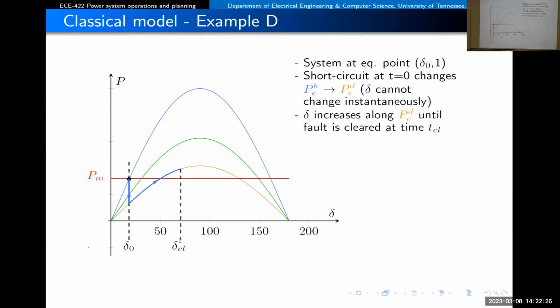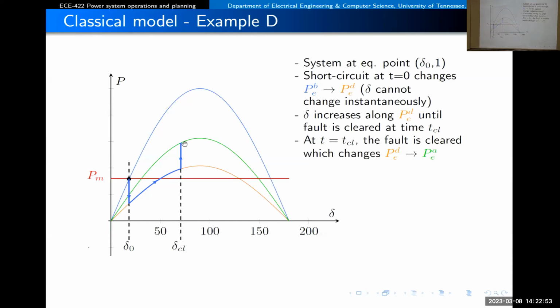At that point, the power immediately changes to the power after the fault. So this is going to be an instantaneous change in the electrical power. Now, because the speed and angle were increasing and you have some inertia, the machine will continue to increase those variables, but now we have a negative acceleration.